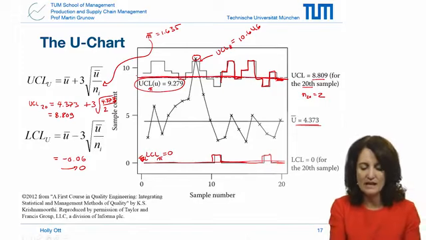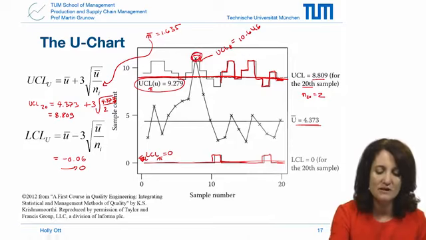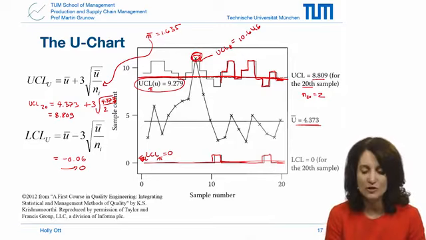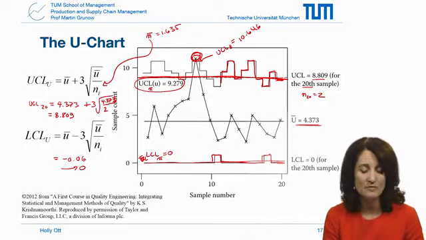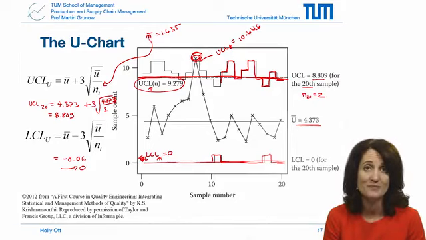And in this case, even with the average value, you see that all the points are in control except for this one. So in this example, you get the same values whether you calculate the control limits for every single different sample or if you calculate it for just an average overall.